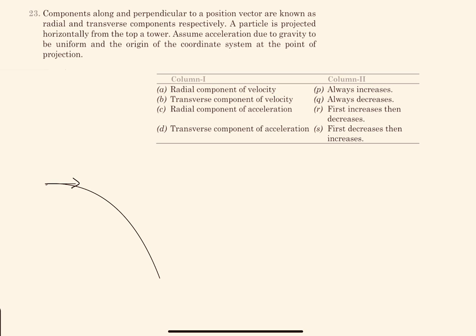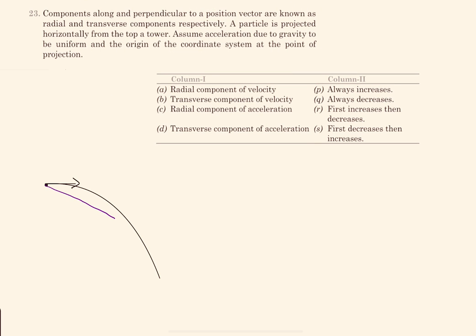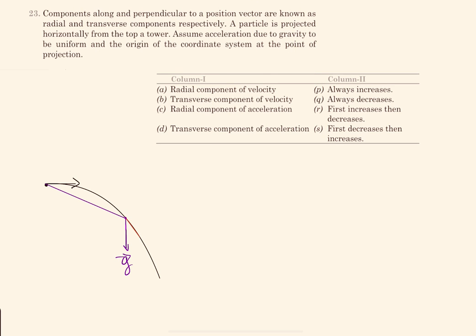If we are joining this with the radius vector here, the acceleration is downward this way, g vector, and the velocity is along this direction, along the tangent.